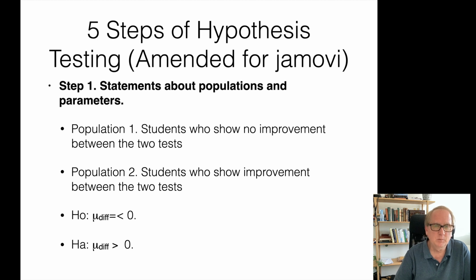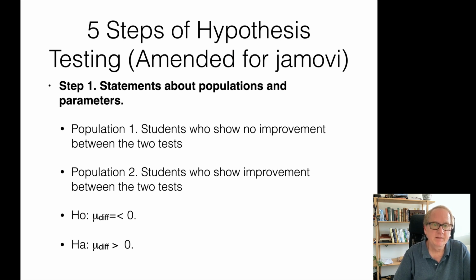Now I'm going to test this one with a directional hypothesis. I'm going to actually try to say this isn't just about being different, it's going to be being different in a positive way. So my null hypothesis this time is set up to be the mean of the differences for the population here is equal to or less than 0.